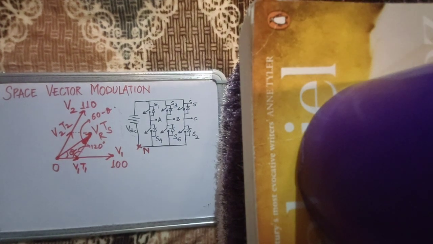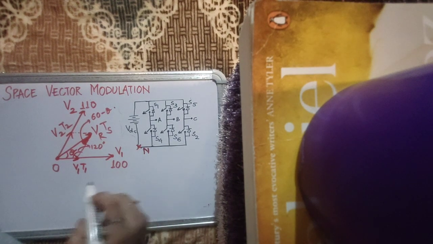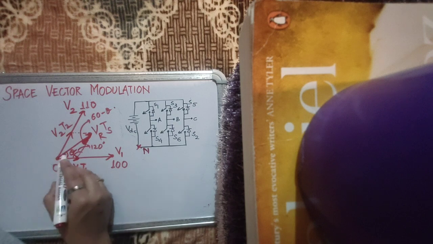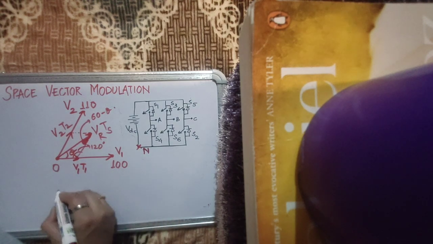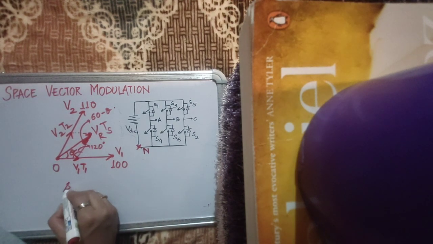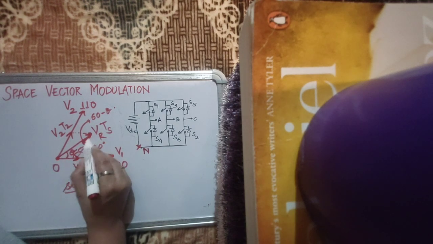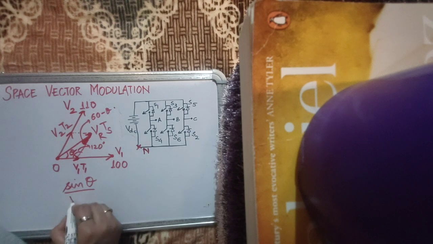So if we apply Lami's theorem on this, we can simply write the sine rule. This is sine of theta divided by this length, that is V2 T2.